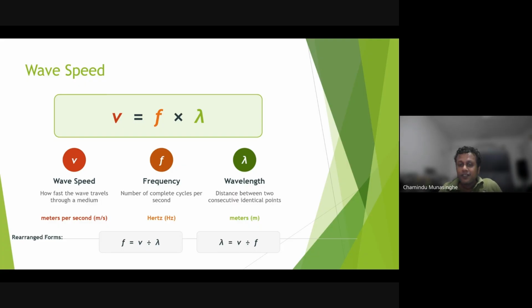So we frequently refer to these frequency bands in terms of their wavelength. So it's a range of wavelengths, right?